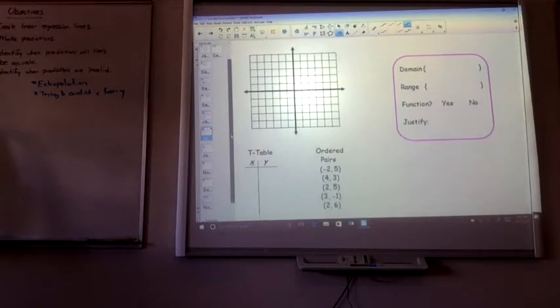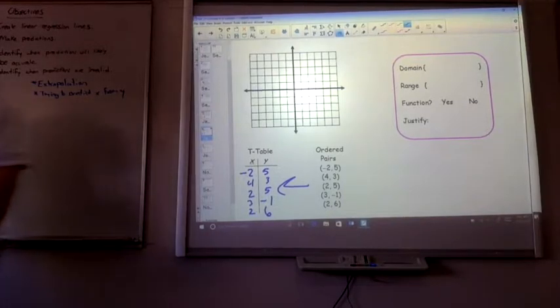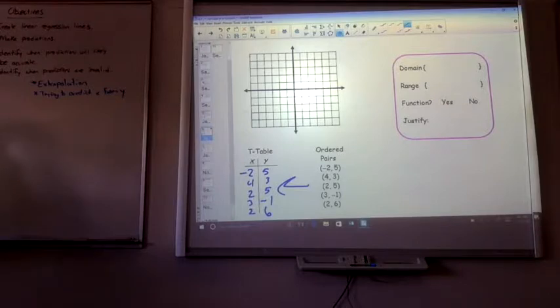So we could do this a couple of different ways. We could start filling out our t-table. So I know I have -2, 5, 4, 3, 2, 5, 3, -1, 2, 6. Does everybody feel comfortable how I went from these to this? Okay. We can easily fill out our domain. And again, you can have it in order, but you don't necessarily need to.